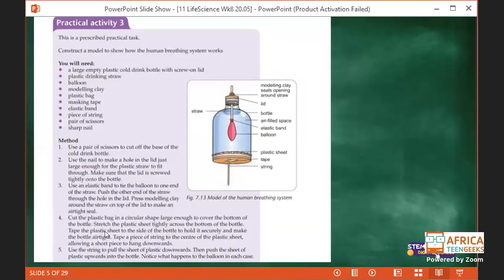Then we did a practical activity of constructing a model to show how the human breathing system works. Can I get an indication of who attempted making this breathing model at home? Anyone?